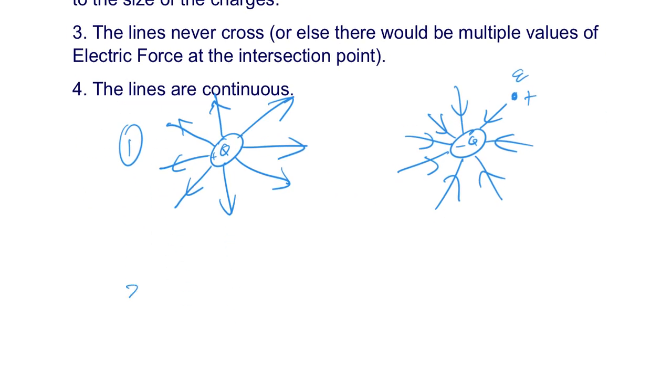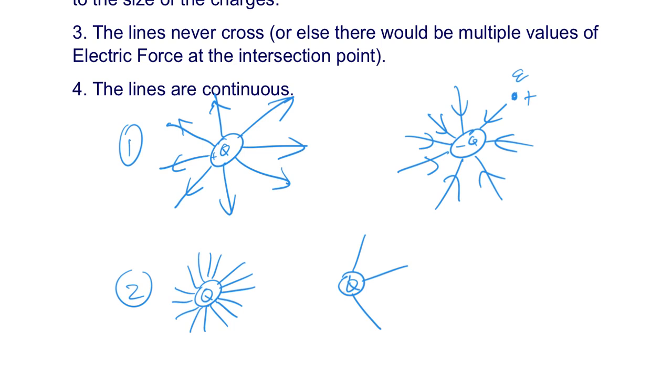So if you had something like this, and you had something like this for a Q, let's say one points there, and this one points away. It doesn't really matter.